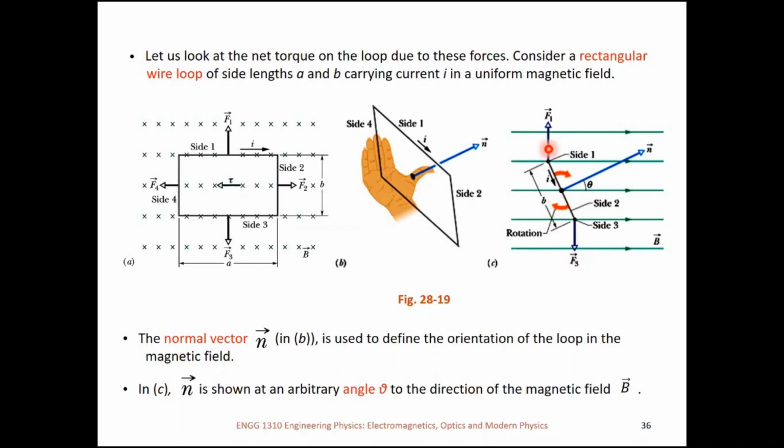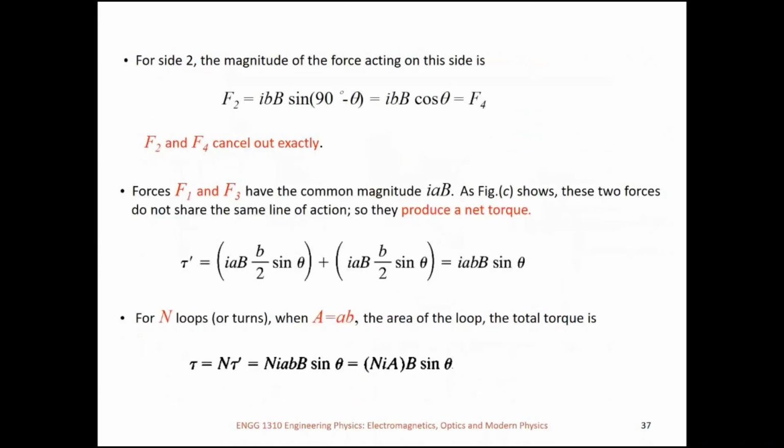What is the displacement between these two to the center? We can make an estimation. Make a line, so this is this distance. This distance would be b multiplied with sine theta, over 2.